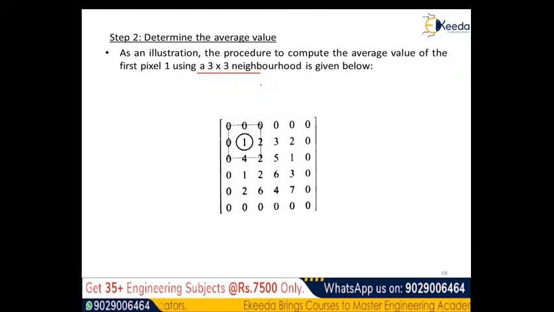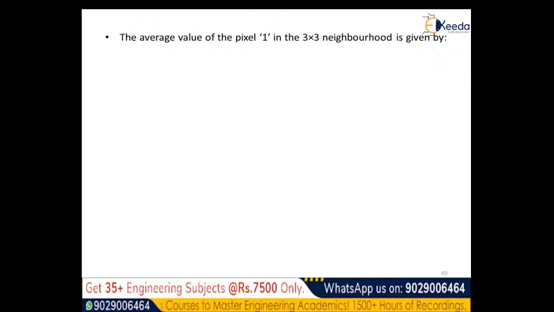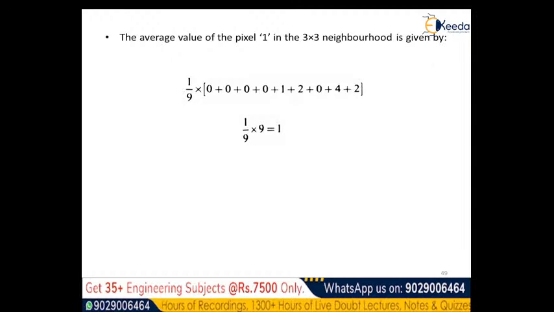In the next step, the average to be replaced for the intended pixel location can be determined like this. We have all this summation: 0 added with 0, 0, 0, then 1, 2, 0, 4, 2. The summation gives you 9. When it is divided by 9, you get the value 1.